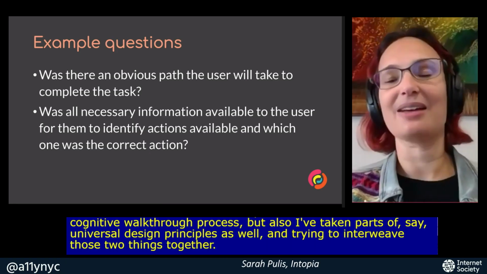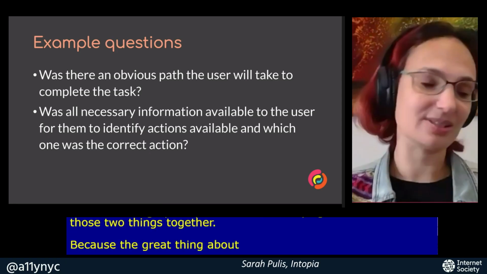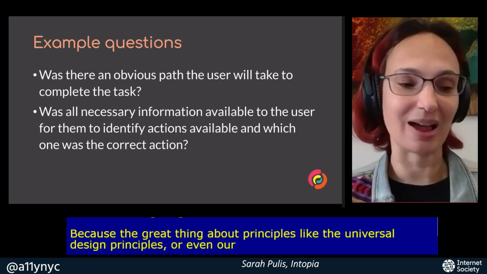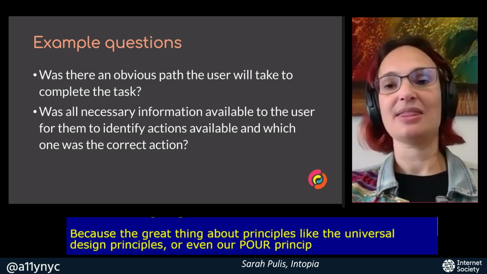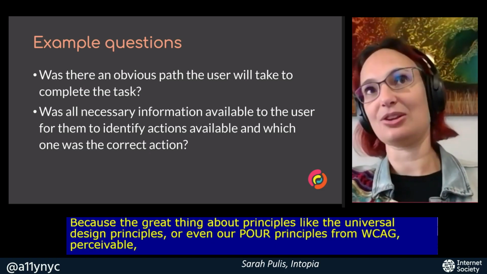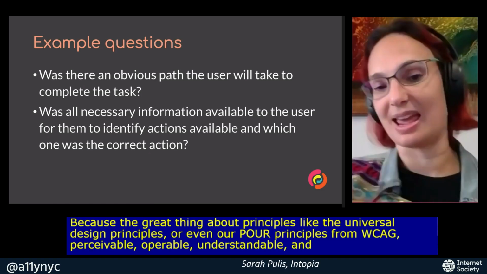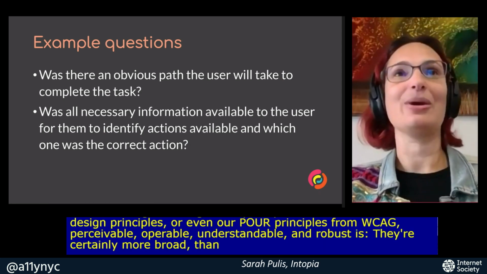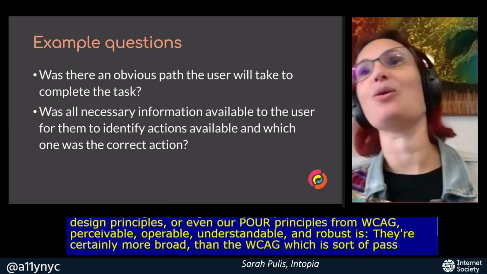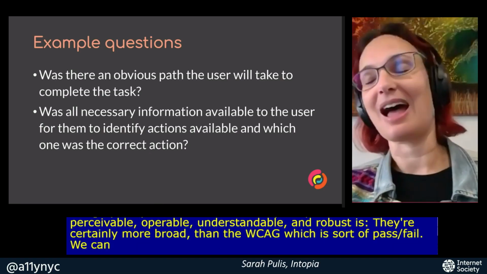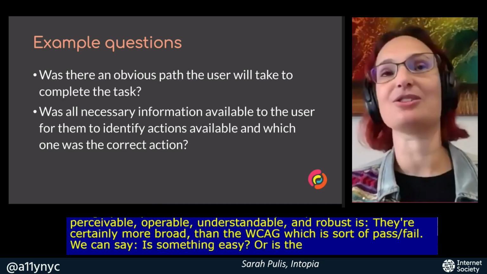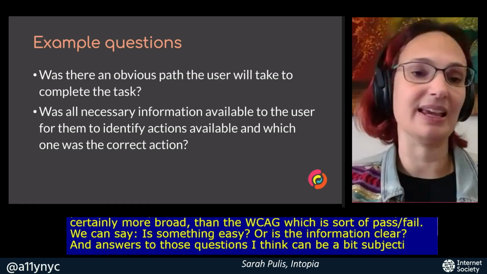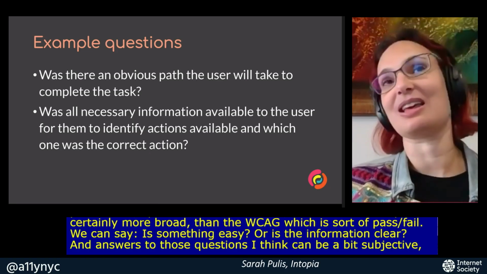Because the great thing about principles like the universal design principles, or even our core principles from WCAG, so perceivable, operable, understandable, and robust, is that they're certainly broader than our WCAG success criteria, which is much more pass-fail. We can say, is something easy, or is the information clear? And answers to those questions can be a bit subjective, particularly if we as practitioners are doing this process.